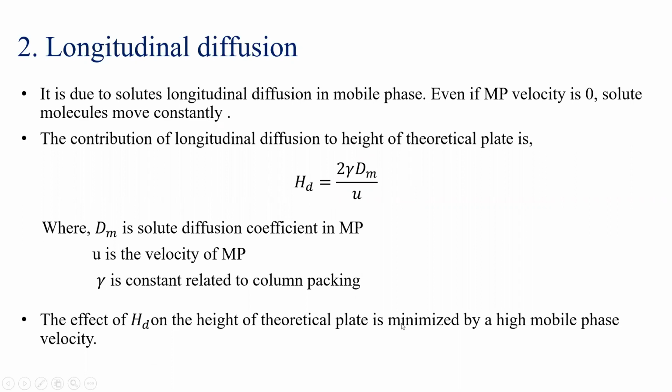So the effect of Hd, that is the longitudinal diffusion, on the height of the theoretical plate can be minimized by high mobile phase velocity. That is, Hd is inversely proportional to the velocity of the mobile phase. So by increasing the velocity of the mobile phase, we can decrease the longitudinal diffusion.